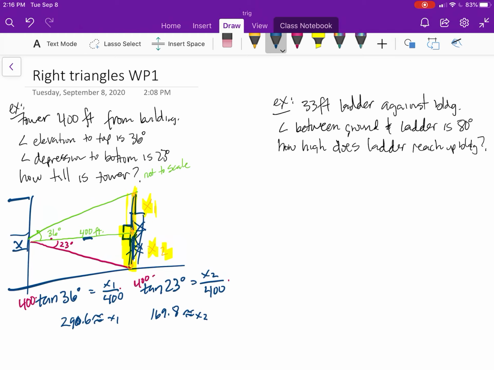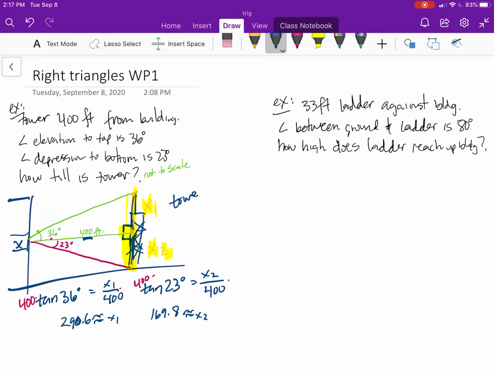So now sum those. 169.8 plus 290.6. And again, because you're using a calculator, we could have got this as precise as we choose to. Overall, we get 460.4. I'm just going to say 460.